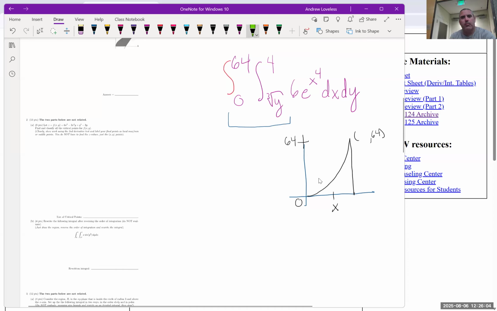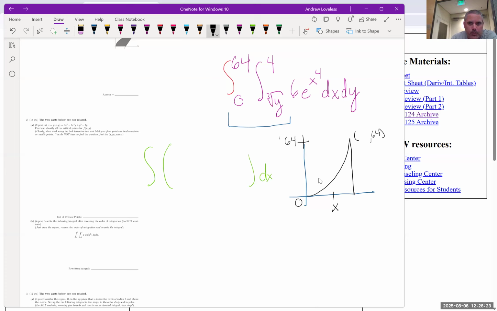So let's talk about the outer bounds of the new one. They are the biggest and smallest values you could plug in for x.